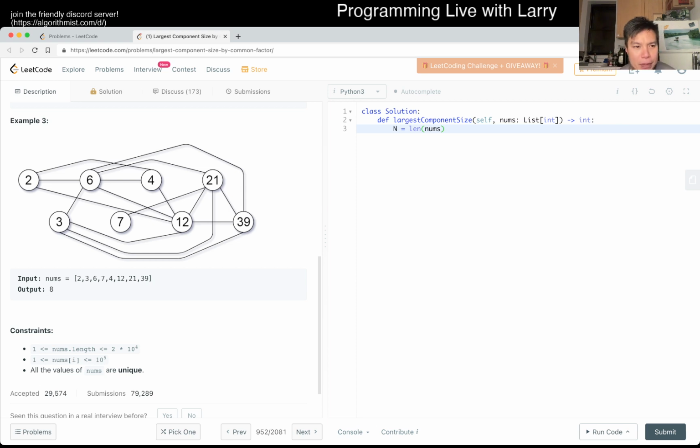But yeah, the idea is, what does that mean? That means that all the numbers that have a 2 in their factors will all be in the same component.